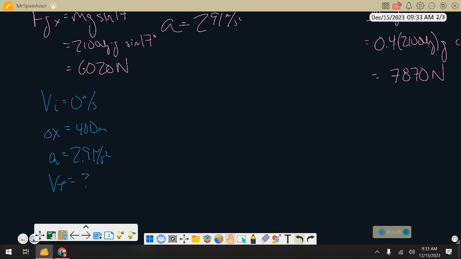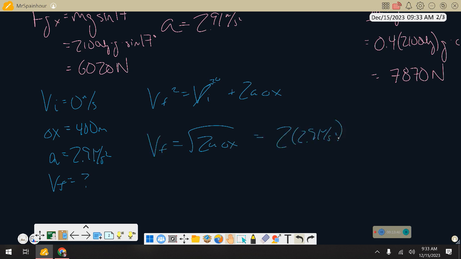All right, what equation do you want? Velocity final squared equals velocity initial squared plus 2 times acceleration times displacement. There you go.